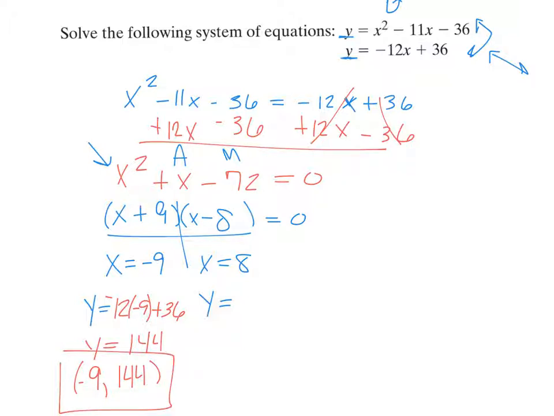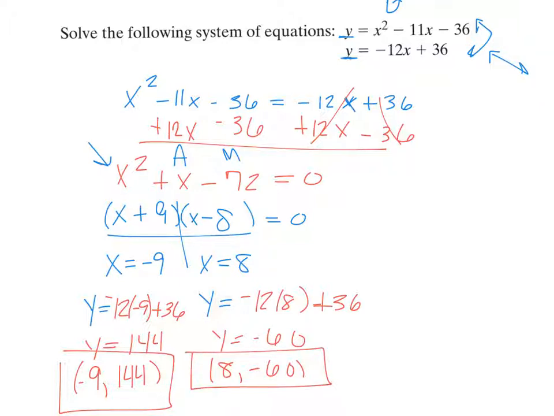To get my next y value, I'm going to do the same thing, but plug in 8. My result here would give me a y value of negative 60. So my next coordinate point where the parabola and line intersect would be 8, negative 60. And there are my two answers. So basically what's happening here is you have a parabola and a line with a negative slope, and they're crossing at two values.